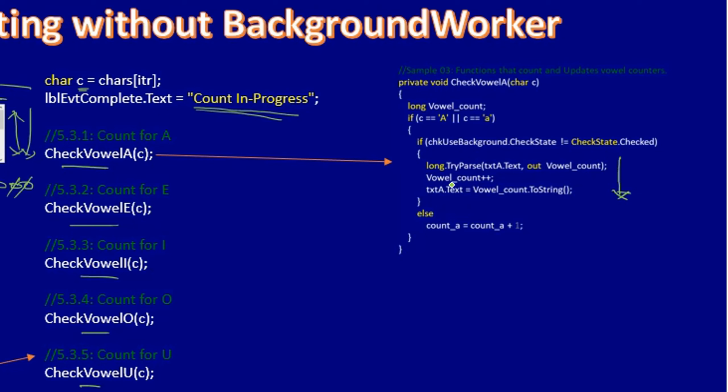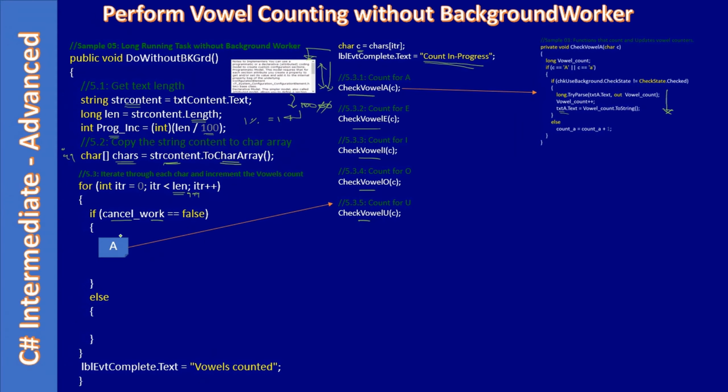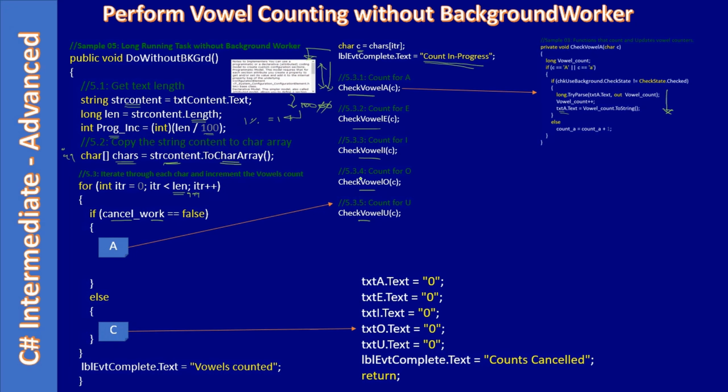We will update the count meter, and we will check for the vowel, and we will update the count meter. So this is for vowel A, right? If it is for vowel E, instead of checking A, here we will check E, and we will update the corresponding component. Instead of text A, we will update text E. So that's what the first part of the code is doing.